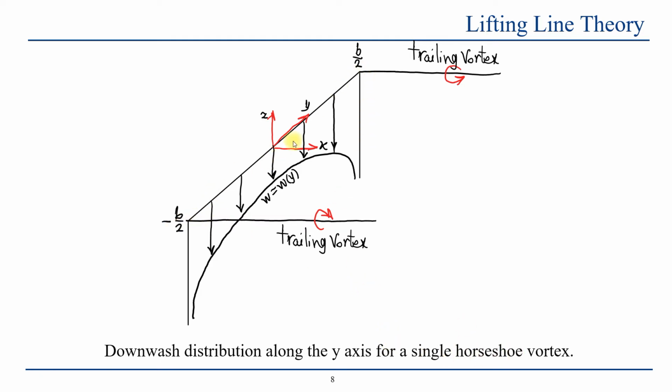Remember that the downwash is an effect of the wind blowing on the wing or airfoil, and the resulting forces creating a downwash due to the circulation acting on this airfoil or wing that we are now modeling with a horseshoe vortex.